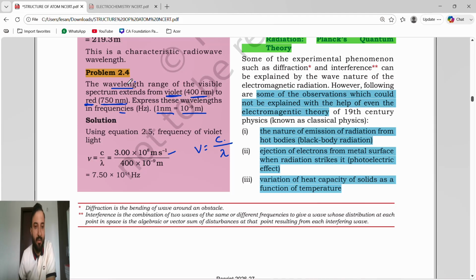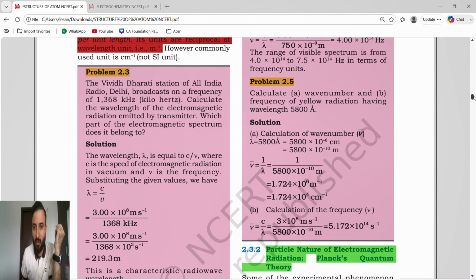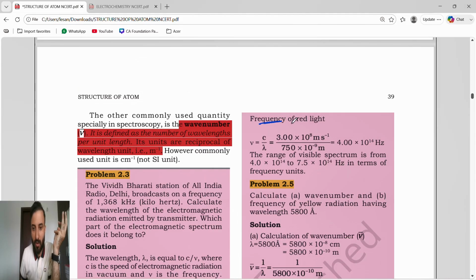They gave the wavelength of violet and of red, so we have to express these wavelengths as frequency. First we find the frequency of violet color, then the frequency of red color. For the violet wavelength I will find the violet frequency.